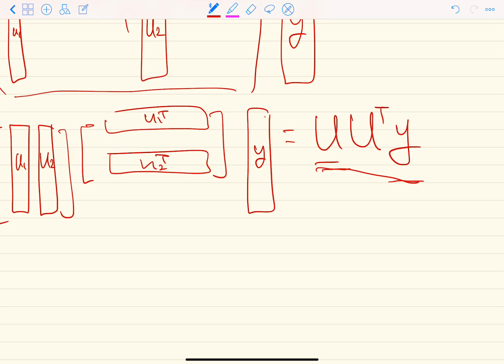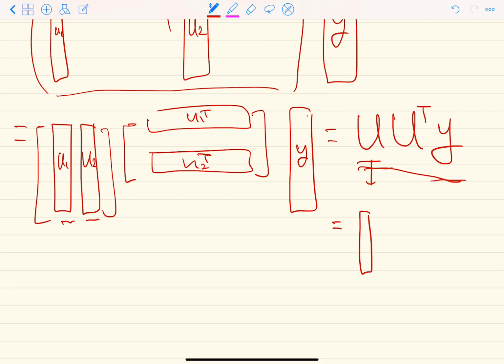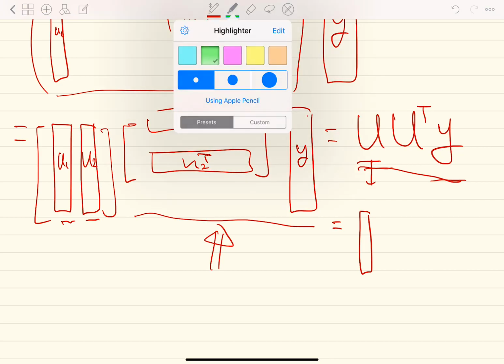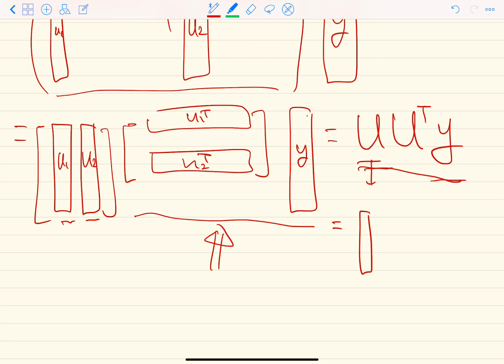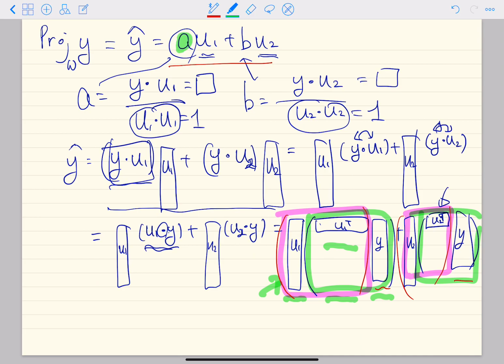Okay, and we can also think about this representation from a slightly different perspective. U is providing these two basis vectors as the ingredient vectors from the column combination perspective. And let's first consider this part, U1 transpose y. If we apply the inner product perspective of matrix multiplication, this guy will work as this A, right?